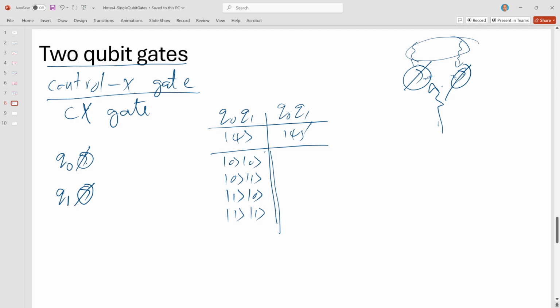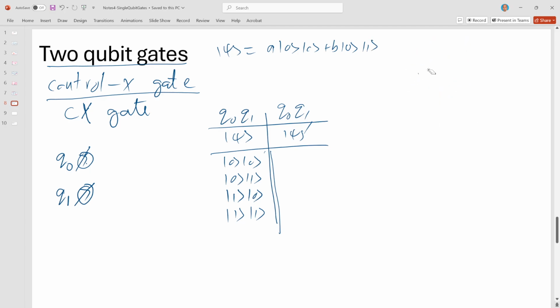Remember, if we know what happens to the basis states due to a gate, we can work out what happens to any arbitrary state, because any arbitrary state can be written as a sum of these states. For example, any 2-qubit state can be written like this. So let's say I apply some gate U to this state psi.